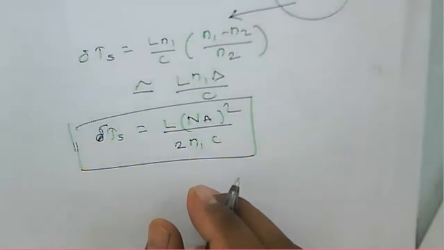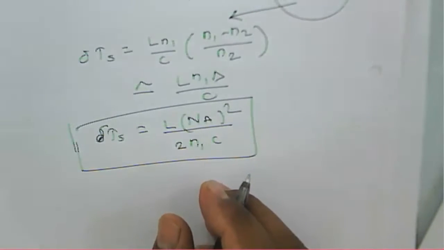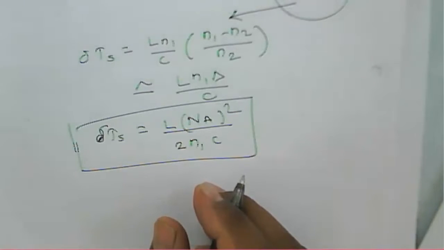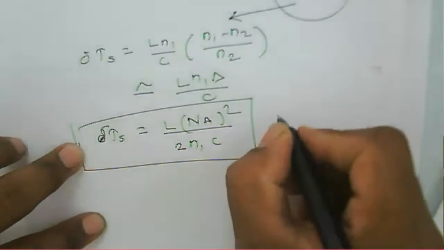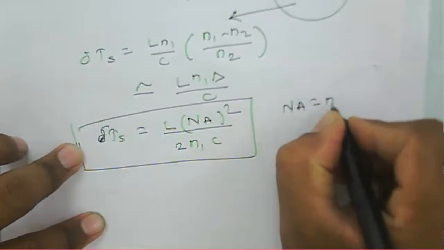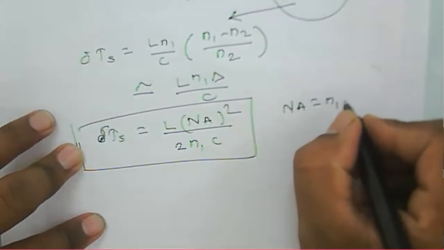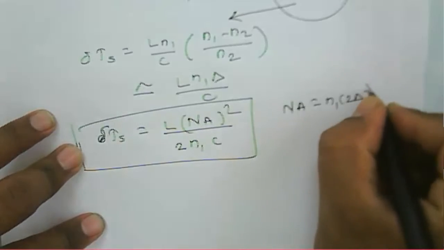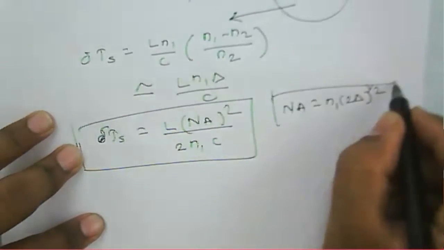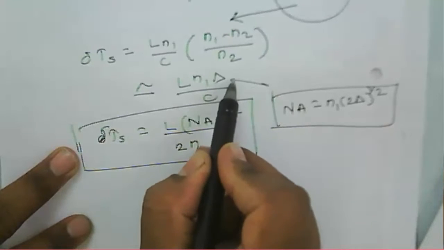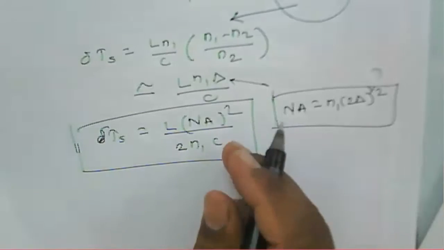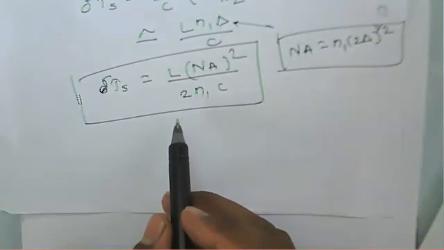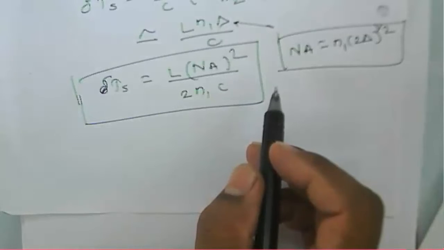Because we have written earlier the numerical aperture in terms of the difference, NA is equal to n1 into twice del raised to 1 by 2. So if you put that in, you get the equation in terms of NA. So directly we have written the delay difference equation in terms of the numerical aperture.